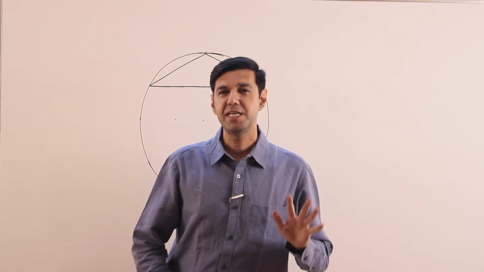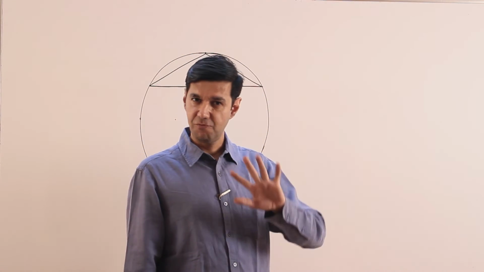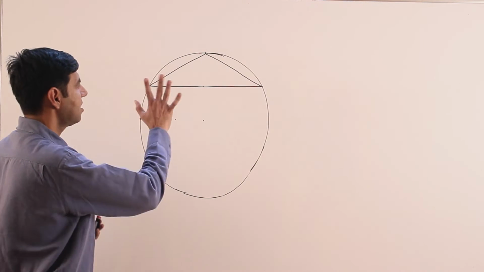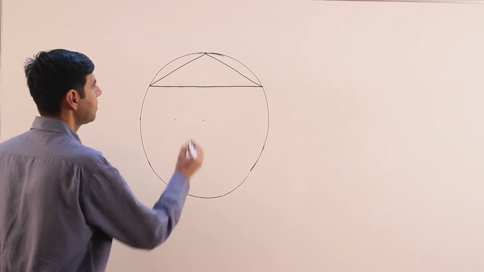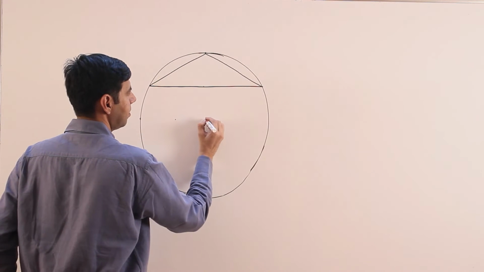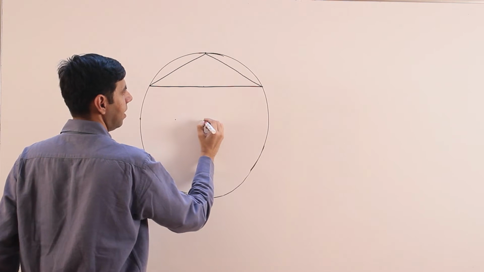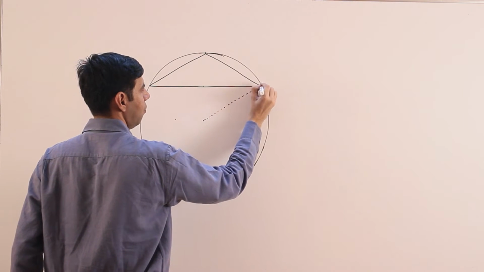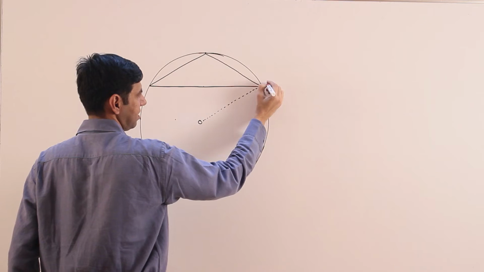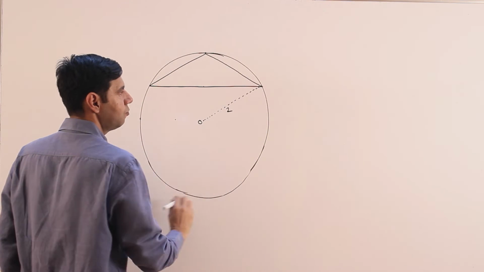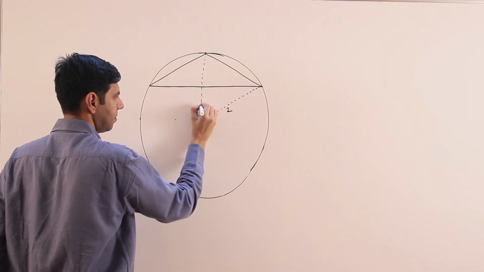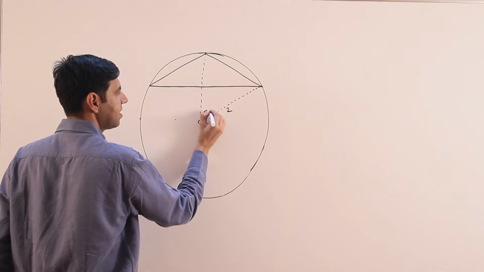So hopefully the animation must have helped you understand what sort of area the triangle is going to cover. This is your initial position of the triangle. We have already seen that if I join OC, the radius is 2, and this angle is going to be 60.